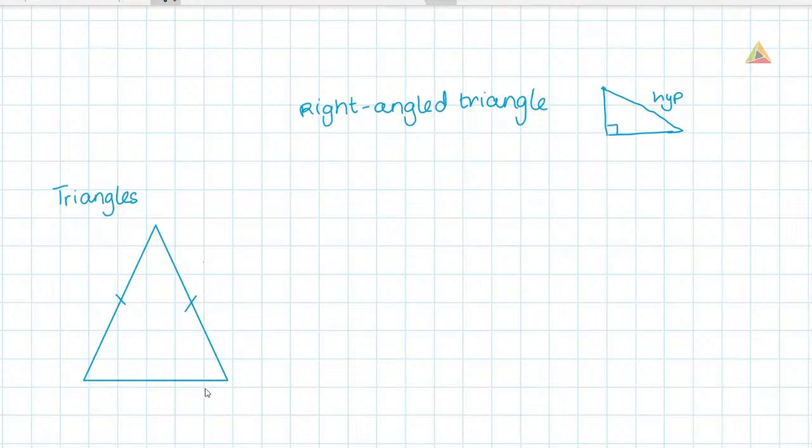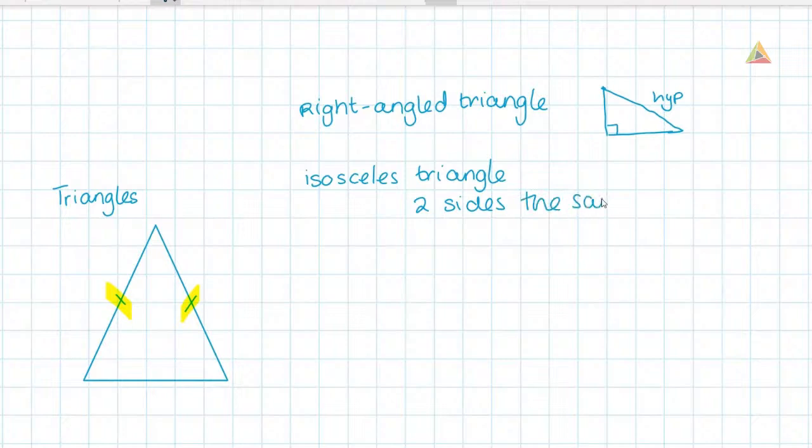The triangle that I have drawn here, I can see that this is an isosceles triangle. And why I know it's an isosceles triangle is that these little lines here tell me that these two sides are the same length. So when I have two sides the same length, I'm going to have an isosceles triangle. And when I have two sides the same length, I also get two angles of equal measure.